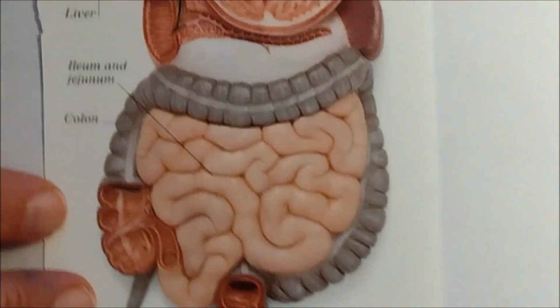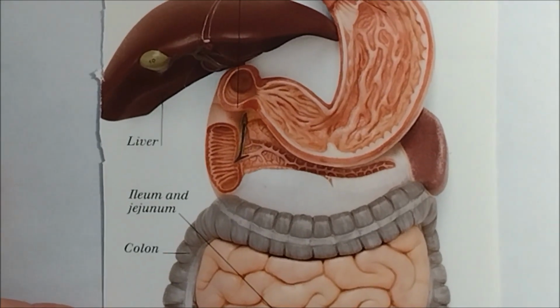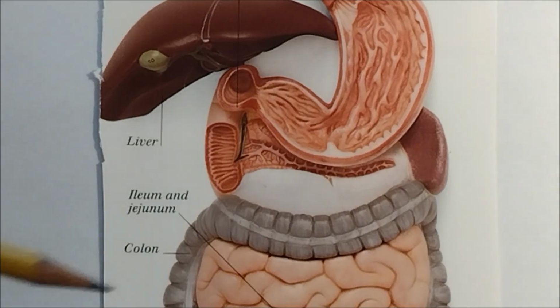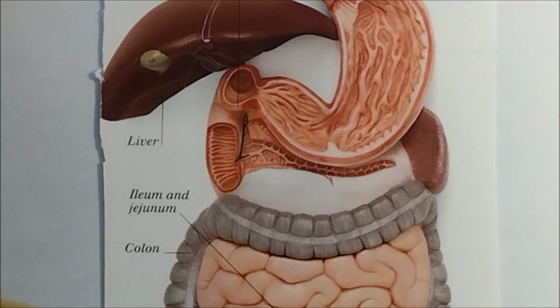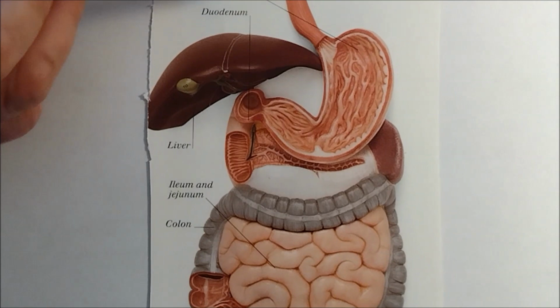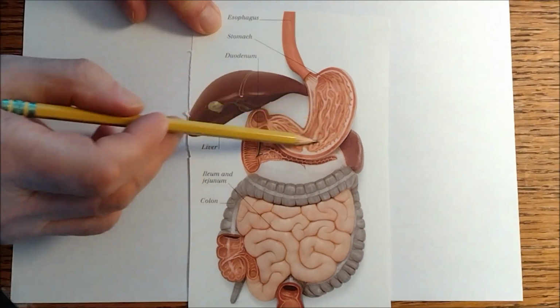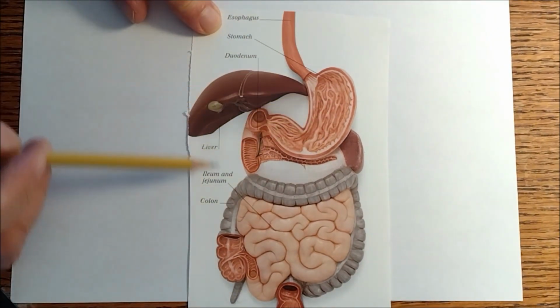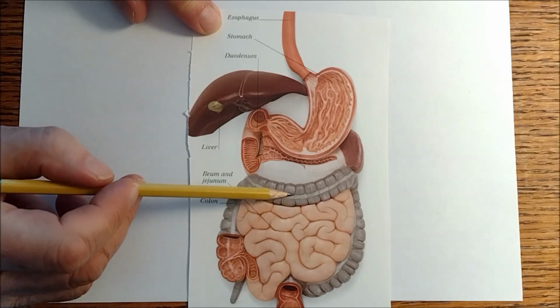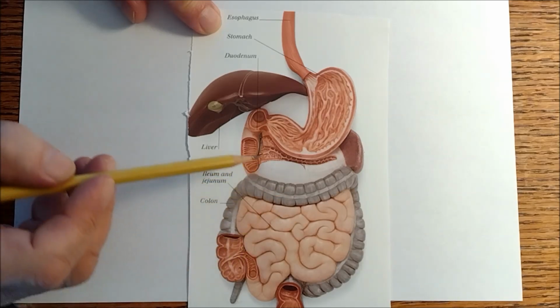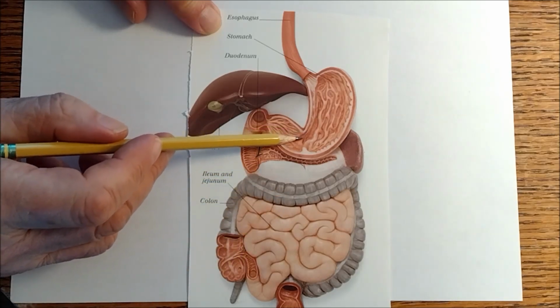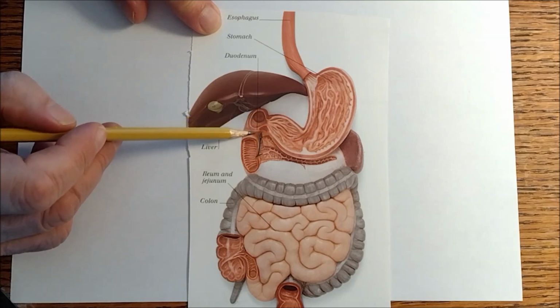Where is the pancreas anyway? Let's see. Here we go. We've seen this picture before in Module 2 about the digestive system. Here's the esophagus, the stomach, liver, small intestines, large intestines. And as the stomach empties, it empties into the duodenum, as you recall.